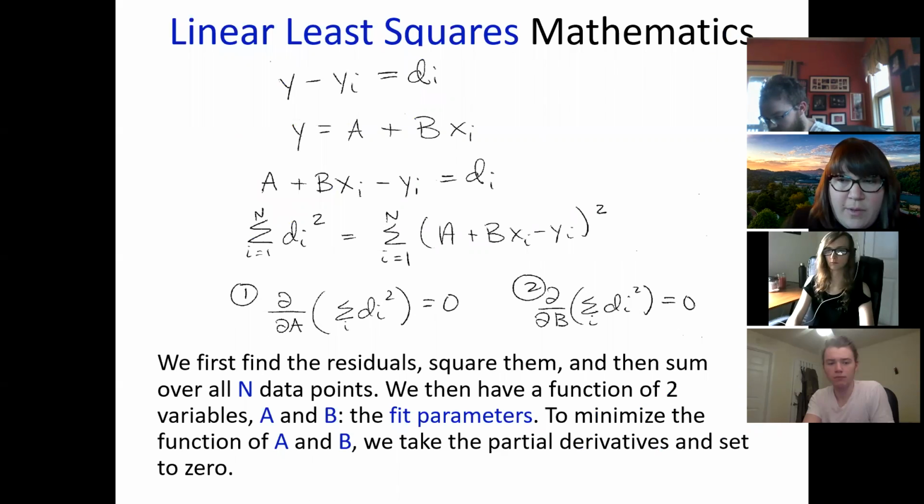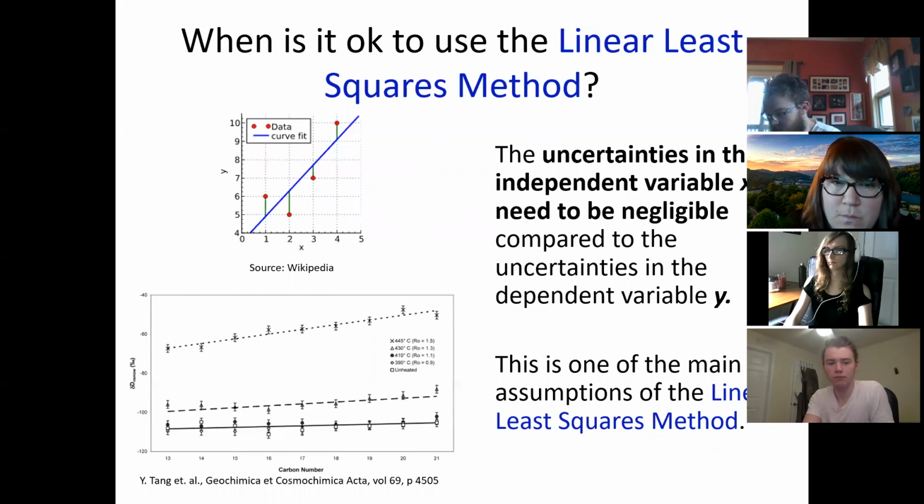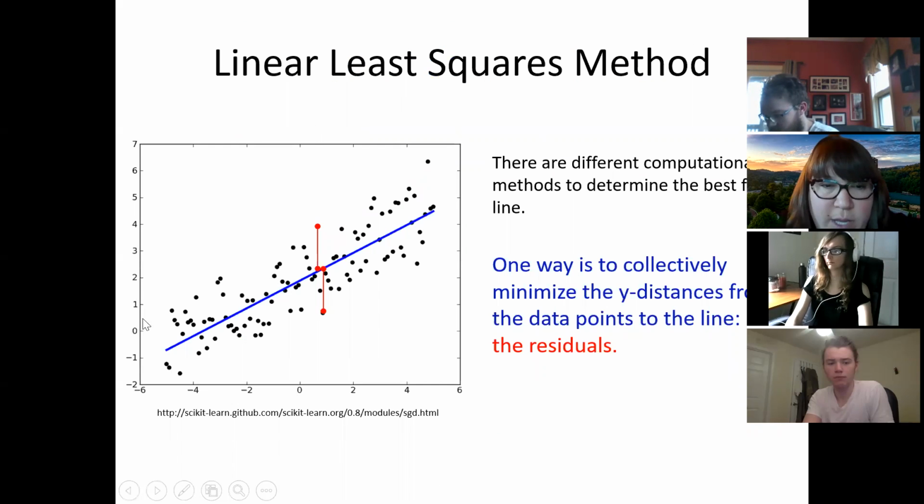Now, we get to talk about the math. Oh, goody. So, we're going to first find the residuals. Let's remember what that means. Go back to here. We have these data points. Each of those is x sub i, y sub i.